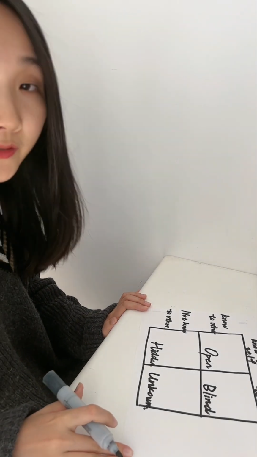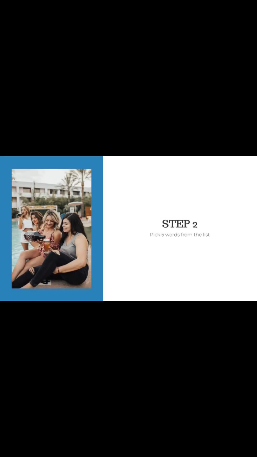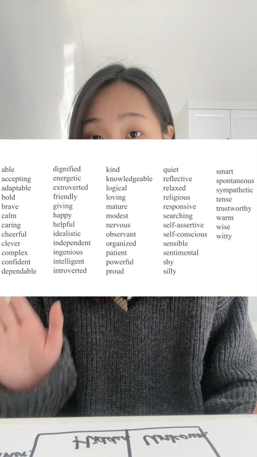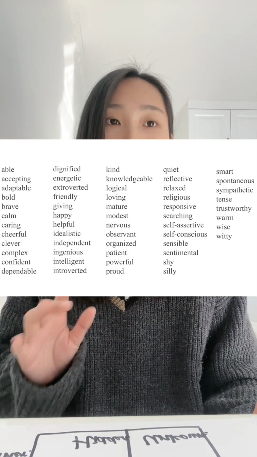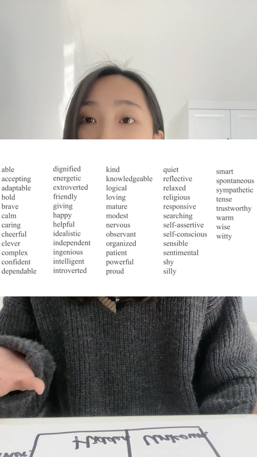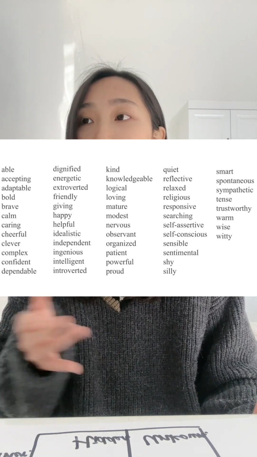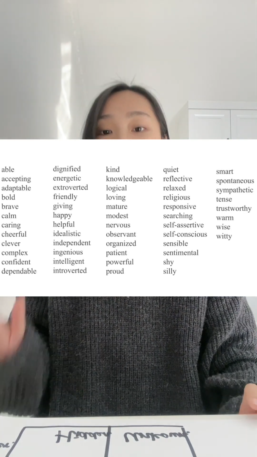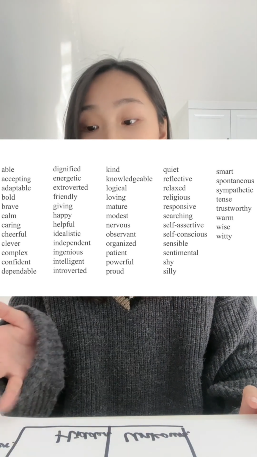So here is the first step. After finishing the Johari window model on your paper, we can go to the second step. You will see a list on the screen of words that can be used to describe someone's personality or characteristics. You can take a screenshot, and the list can be changed by your friend and you.